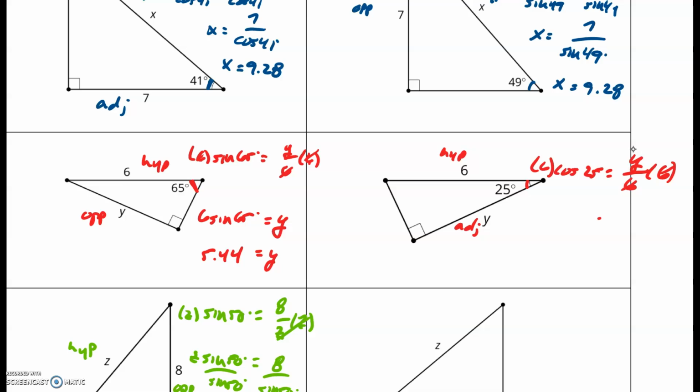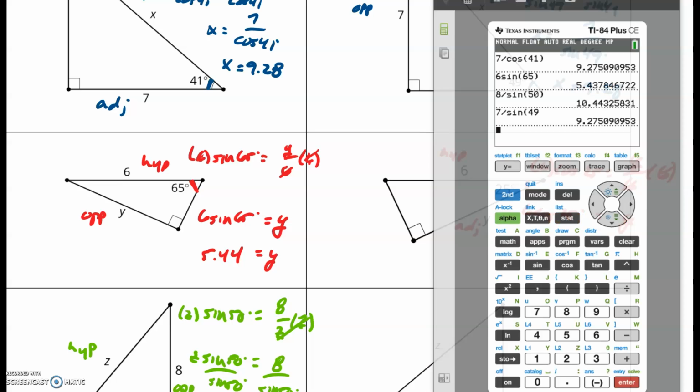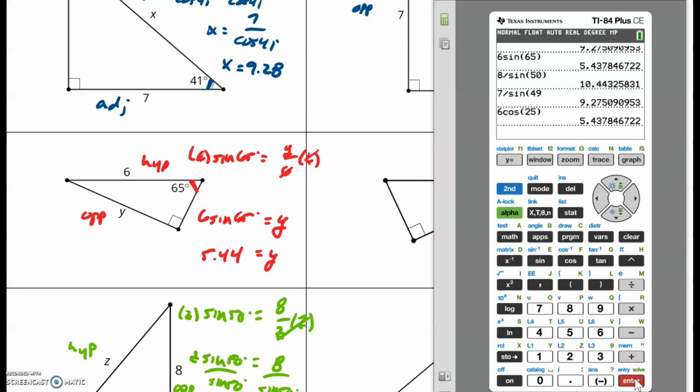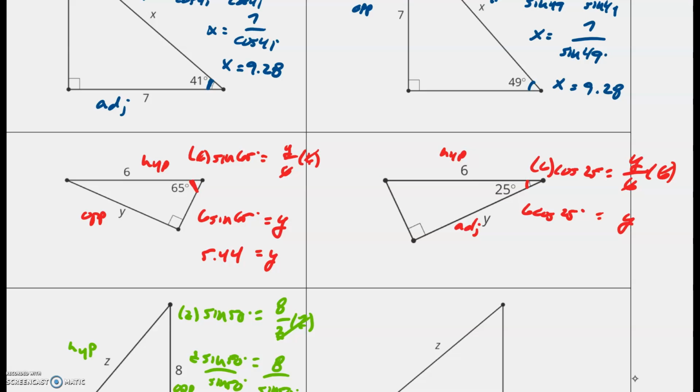The 6's on the right cancel. So my y is equal to 6 times the cosine of 25 degrees. Enter it into my calculator, and I get 5.44.